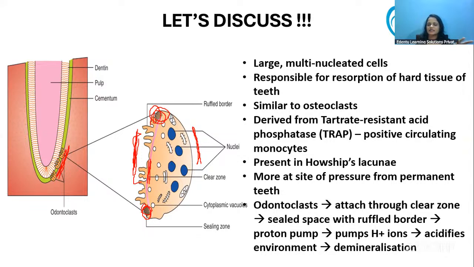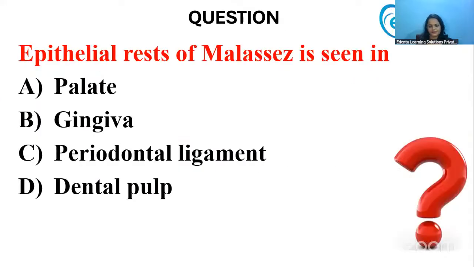This acid is able to demineralize the hard tissues of the tooth. So that's the mechanism of action of the odontoclast. They bind to the root, release lots of H plus ions, create an acidic environment, which helps in the demineralization of the hard tissues of the tooth.